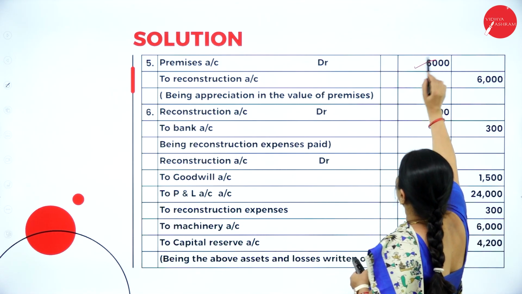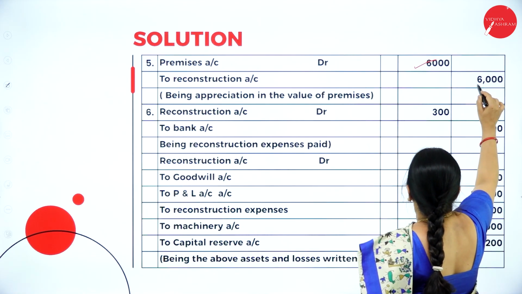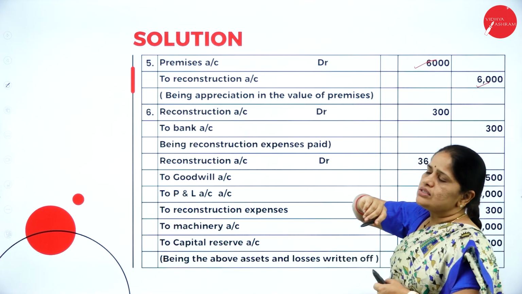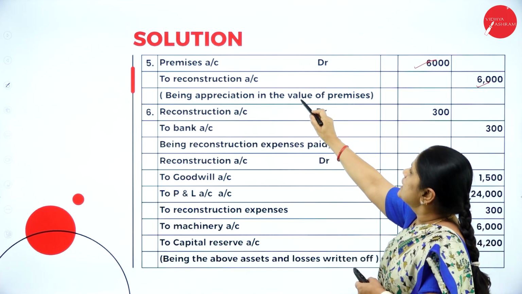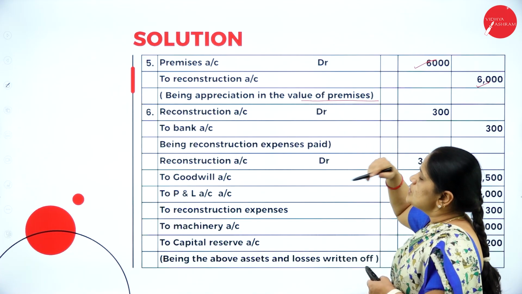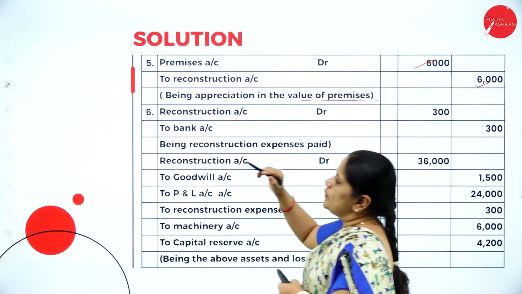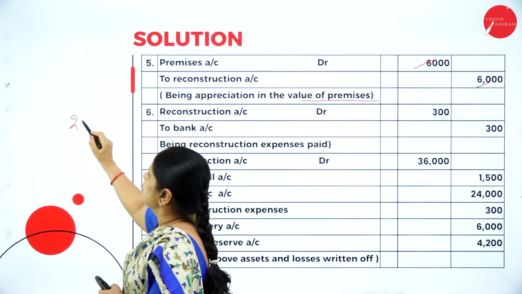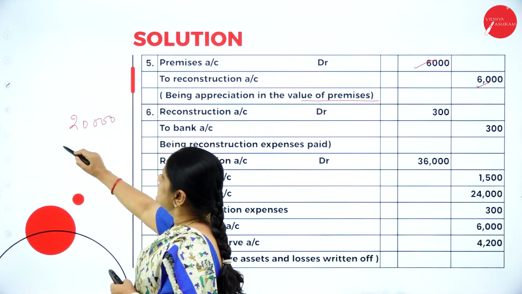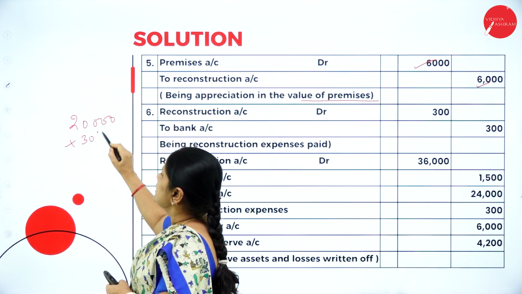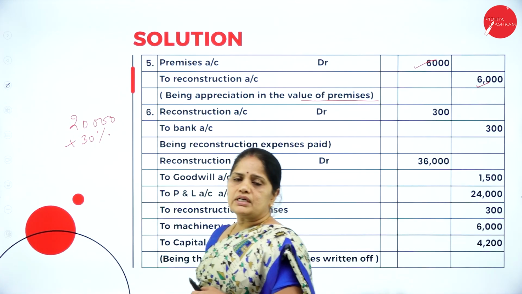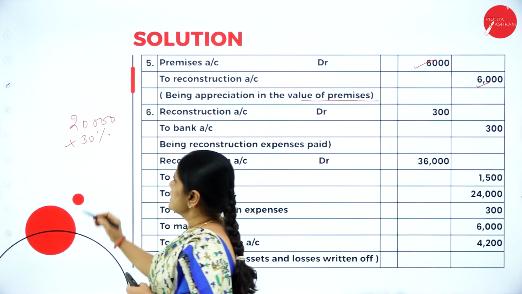So premises account debit 6,000 to reconstruction account 6,000, being appreciation in the value of premises. The premises value is 20,000, they have a 30% increase, so 30% of 20,000 is 6,000.